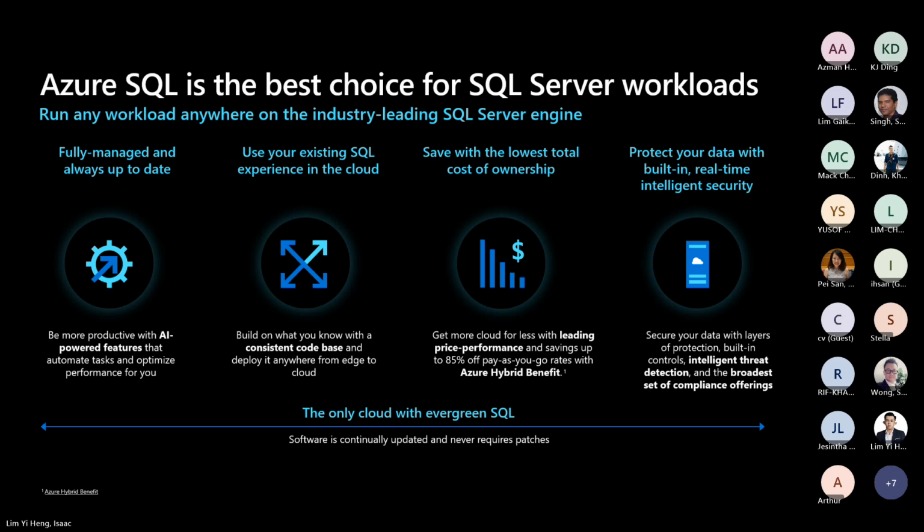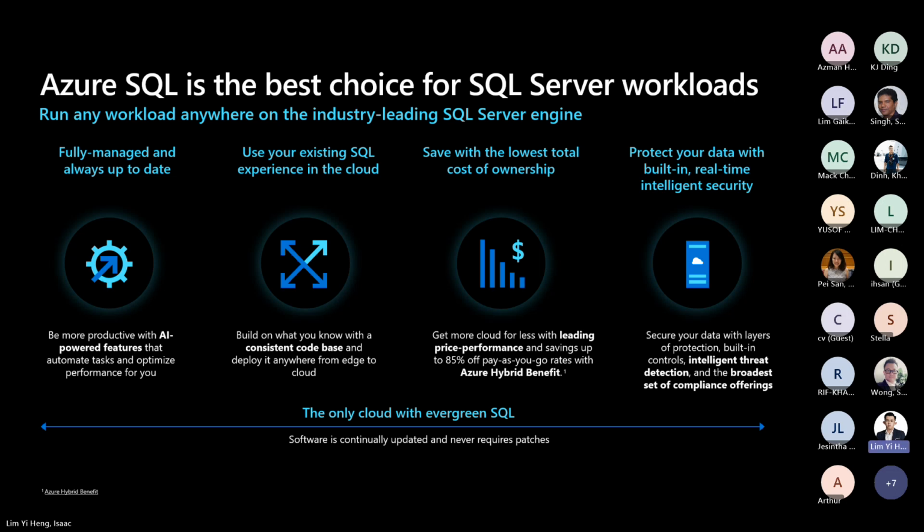And next, we are able to help the customer save with the lowest total cost of ownership by getting the industry leading pricing while maximizing the existing on-premises investment when we migrate the SQL Server databases to Azure.